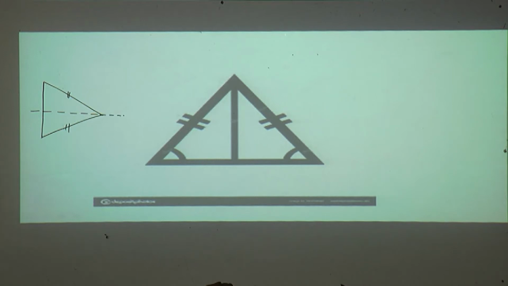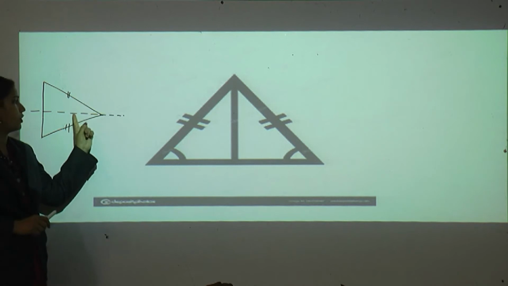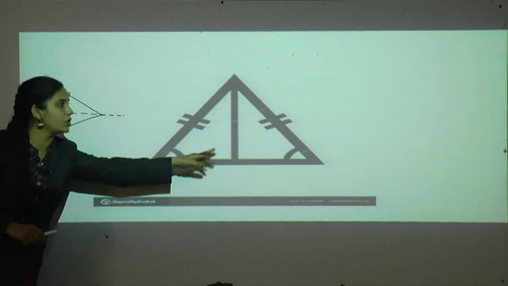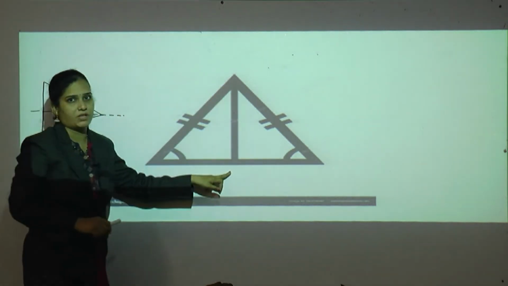Okay, now both these lines of symmetry are axes of symmetry. Okay, for these two triangles, see students, can a shape have more than one axis of symmetry? Yes students, here we got one axis of symmetry, here also one axis of symmetry.